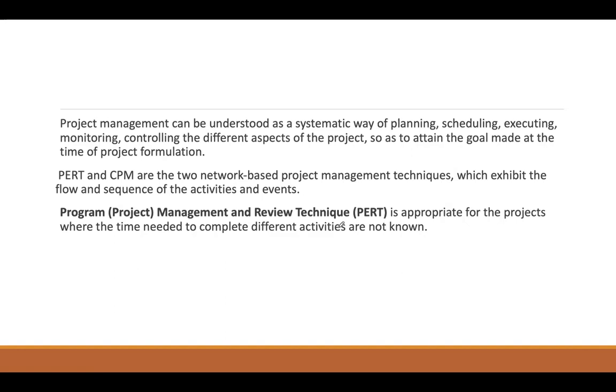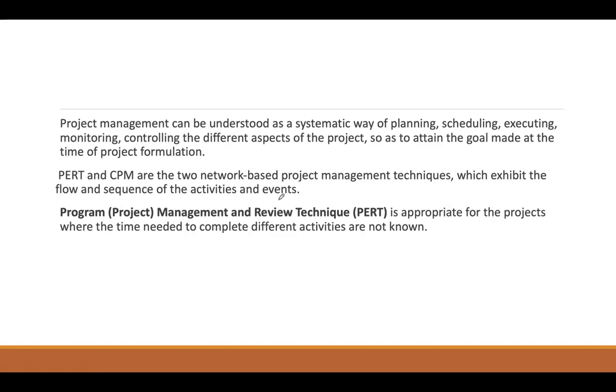So project management is basically managing a project by systematically planning it, scheduling it, executing it, monitoring and controlling it. For all these functions, we need to have a network diagram first of all to see what will be the flow of activities, what would be the resource allocation, and what is the status of our project.